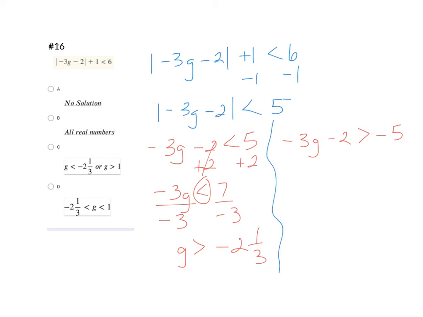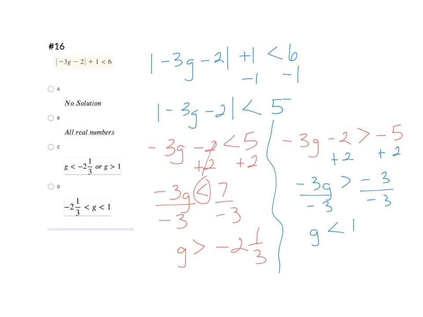Over here on the other side, I'm going to add 2 to both sides. That gives me negative 3g is greater than negative 3. Divide both sides by negative 3. I get g is less than positive 1.